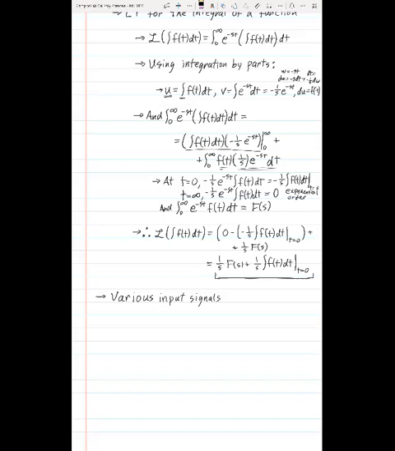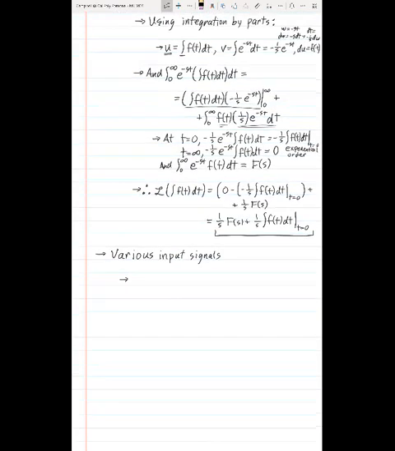Here, let me write this down. Using engineering speak, we would say we're going to find the Laplace transformation of various input signals.